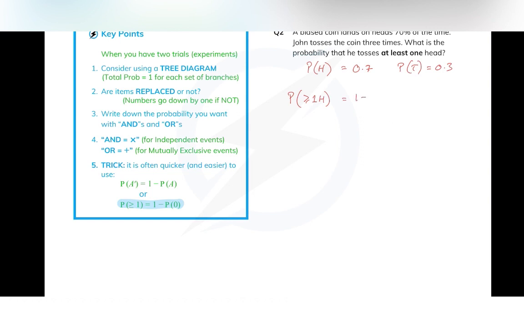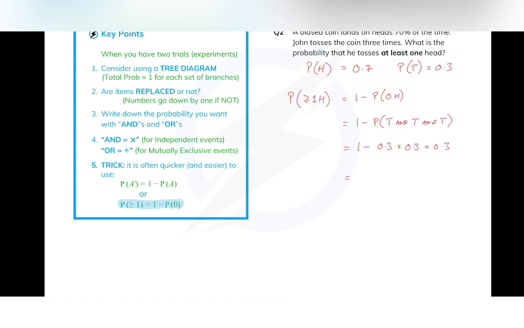It's 1 minus the probability of no heads. And so that's 1 minus the probability of tail, and tail, and tail. Now, I can just do my and or thing here. Actually, there are no ors, so it's just ands, and I get 1 minus 0.3 times 0.3 times 0.3.